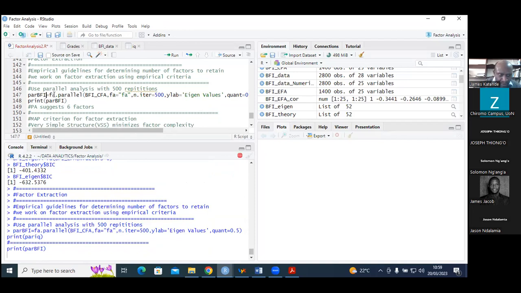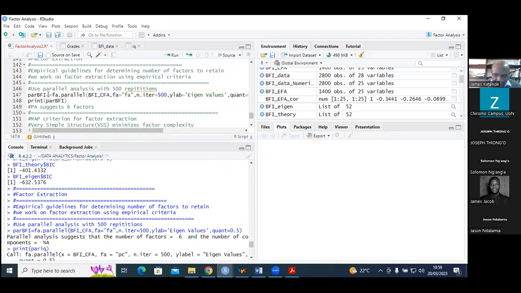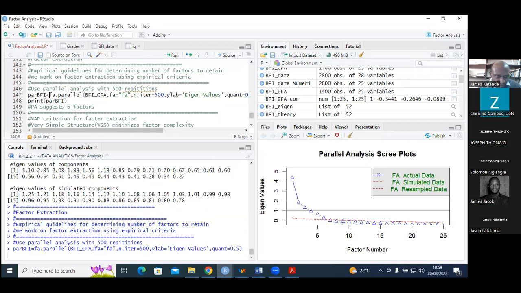So you can see when you do the parallel analysis, it seems to suggest 6 factors as well. You can see where there's a sharp change, although here some of the eigenvalues are below 1, but where the sharp change occurs is at 6. So it suggests the 6 factors, again, if you run the parallel analysis.